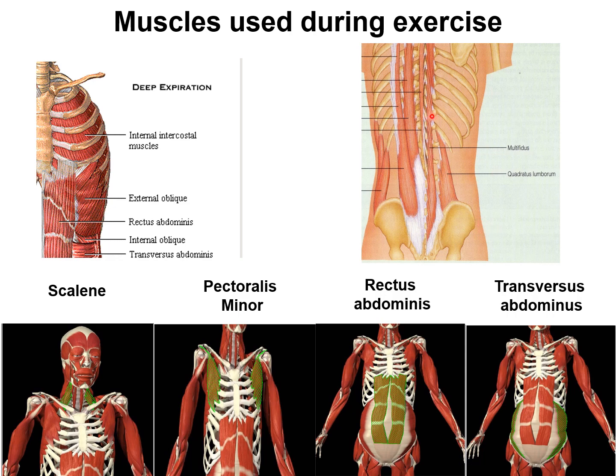So you've got contraction of the multifidus muscles, which run longitudinally along the spine, and we also get contraction of the quadratus lumborum muscles, which again run from the lower ribs down to the top of the pelvis.